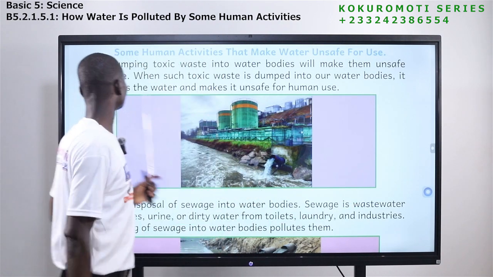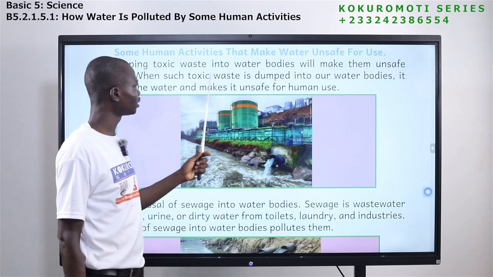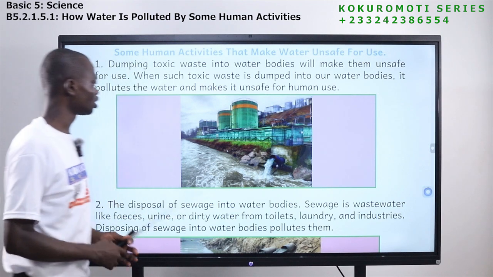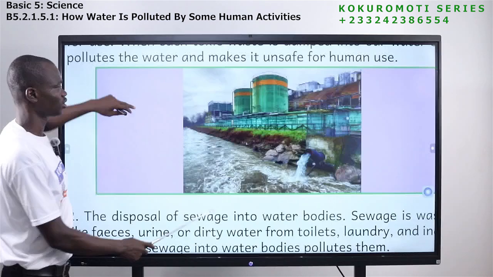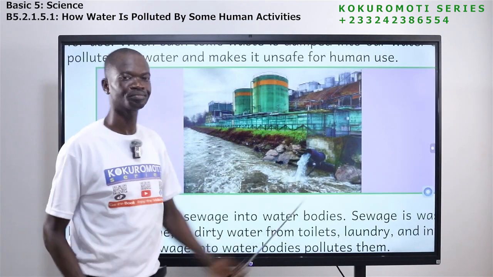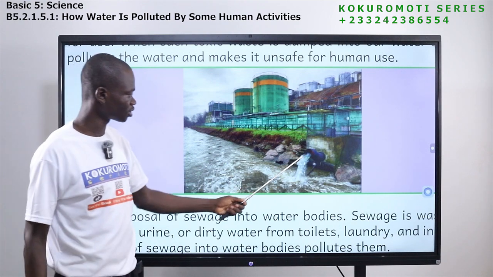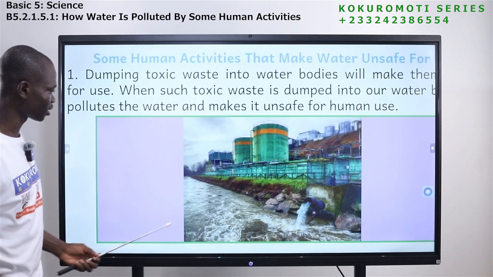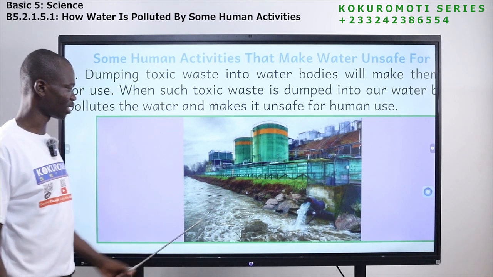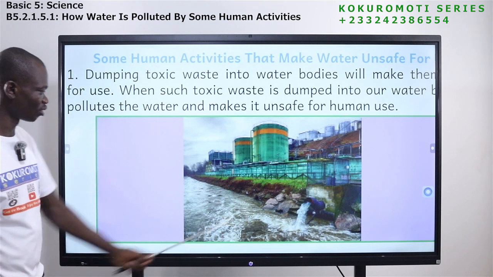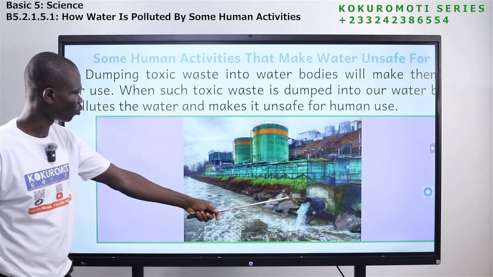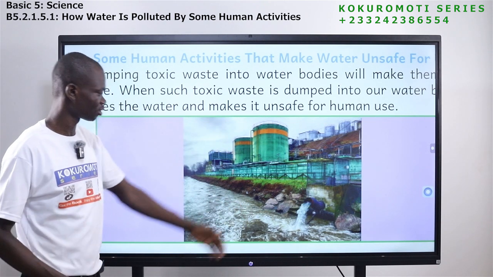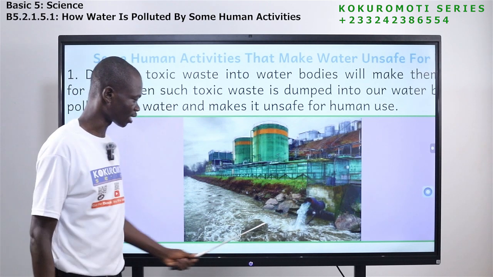Now the first one, dumping toxic waste into water bodies will make them unsafe for use. So if you look at this, you can see that we have a factory here. If you are around this place and you always get your water from here, look at the toxic waste coming from the factory into the water.